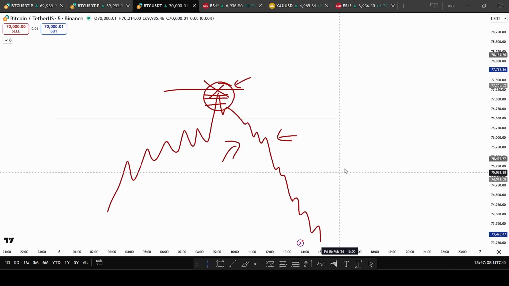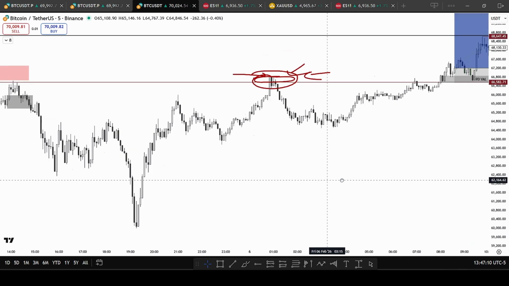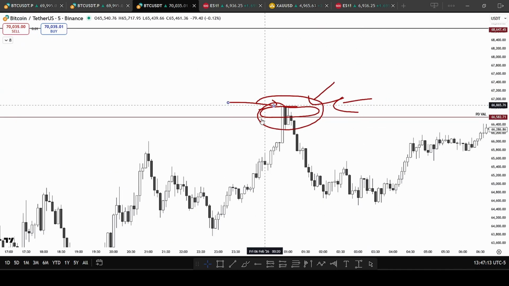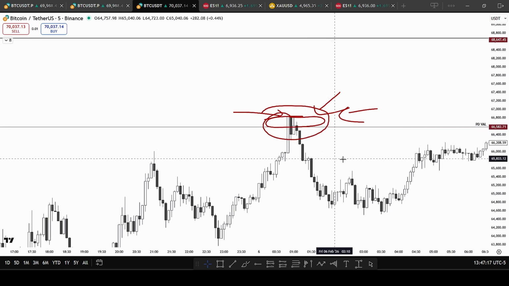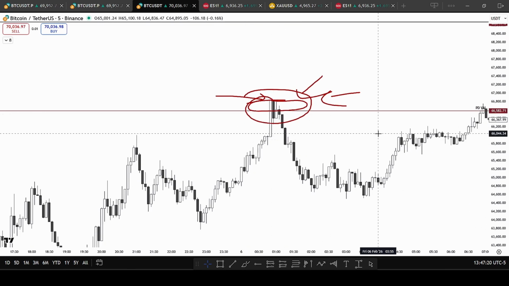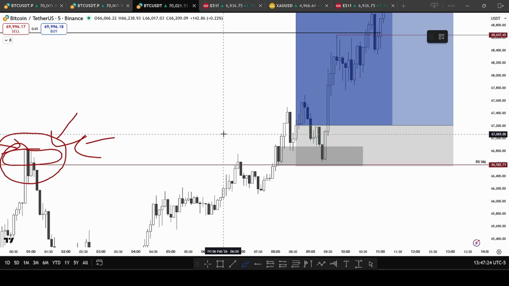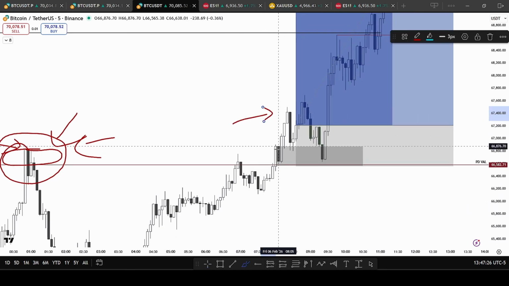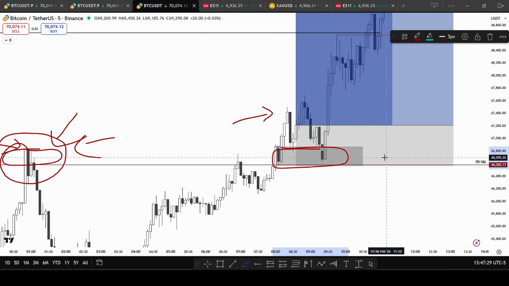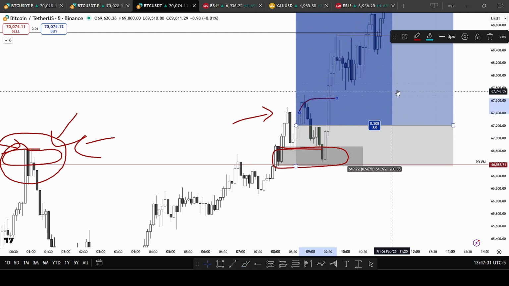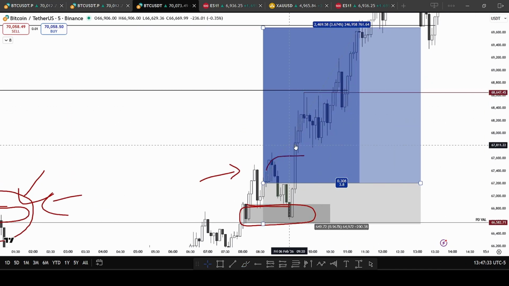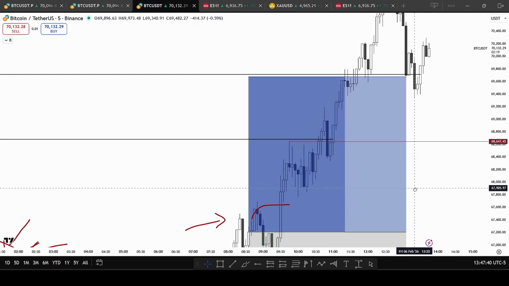So here what happened: buyers were present at this point, but price isn't sustained, which means all these buyers are underwater. Secondly, when price broke this, they found immediate control here, and when price broke this, you can see what a candle that was, breaking the previous candle, and the size of that candle means the buyers are very strong in this case.